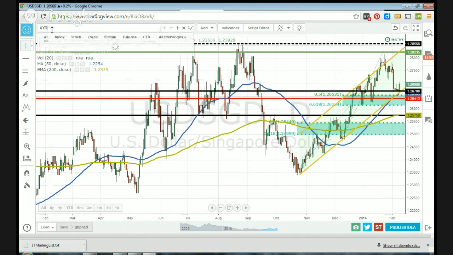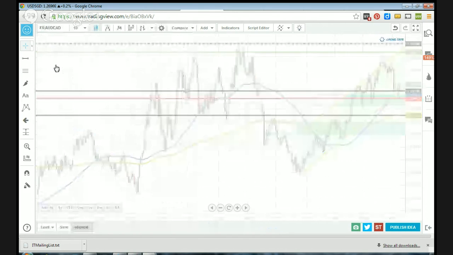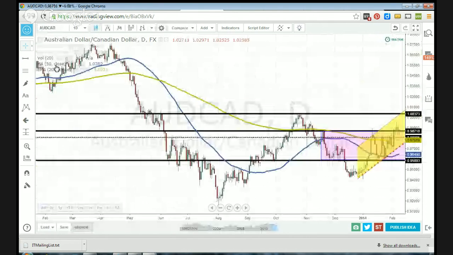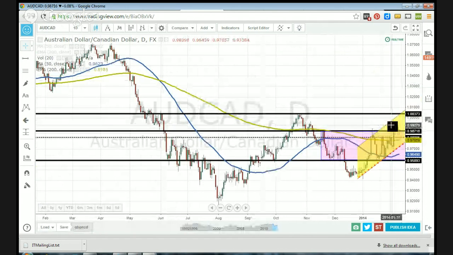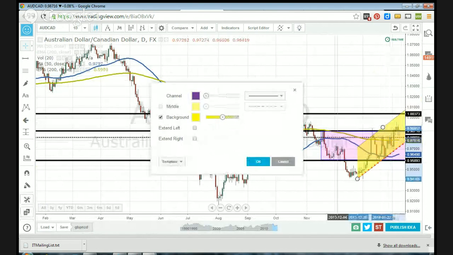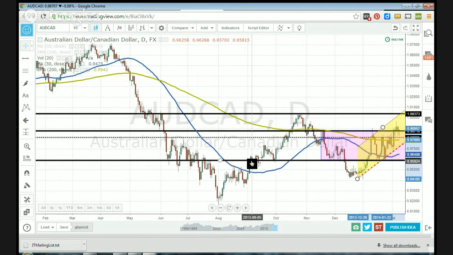Now we're going to the Australian dollar pairs. Aussie Canada. Still in the middle of this range. Let me change the colors on this a bit. Make it a little lighter. Okay.